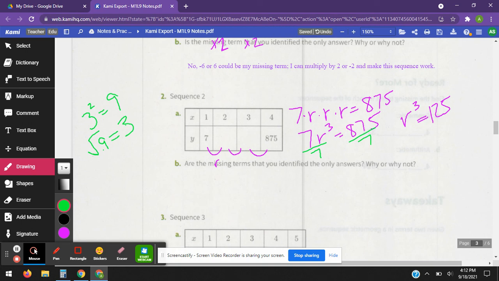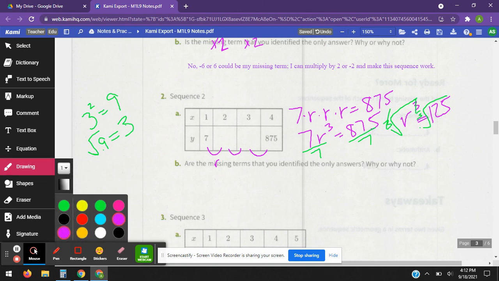Same thing happens with roots. I can say the cube root of r cubed, those cancel. What I do to one side, I have to do to the other. But I'm still thinking in terms of what times itself 3 times equals 125. Well, I know that 5 times 5 is 25, and 25 times 5 is 125. So r equals 5.